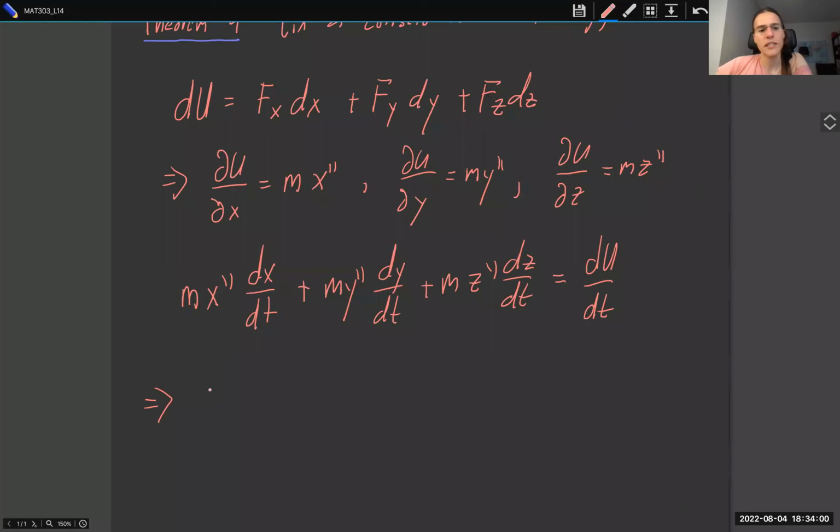The claim is that if we integrate this with respect to time, we have half m x prime squared. Does this make sense? Yes, actually, this does make sense.